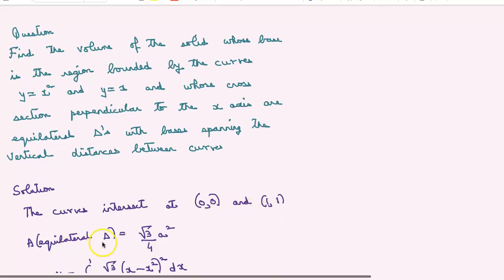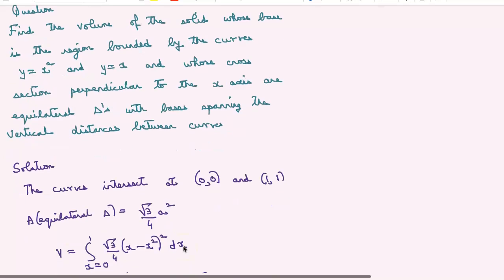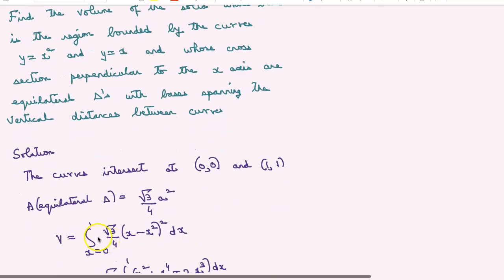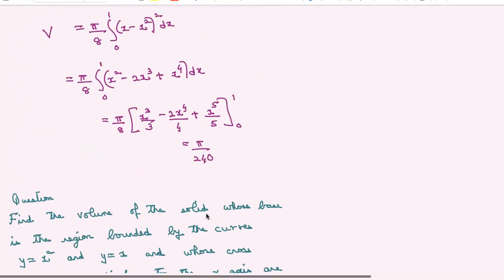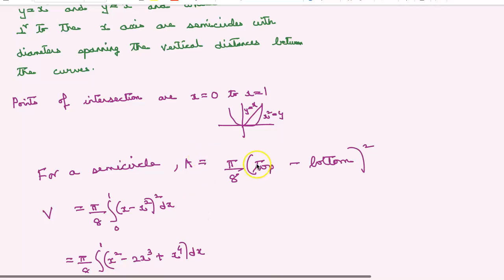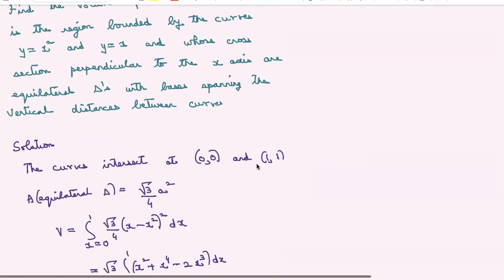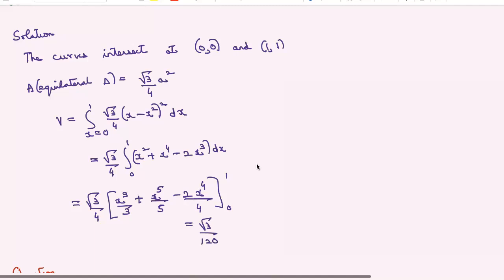For an equilateral triangle, area of cross section is root 3 by 4 a squared. So it is integral x equal to 0 to 1 of root 3 by 4 times top curve minus bottom curve, that is x minus x squared, the whole square dx. Again integrating as explained in the previous problem, it is root 3 by 120.